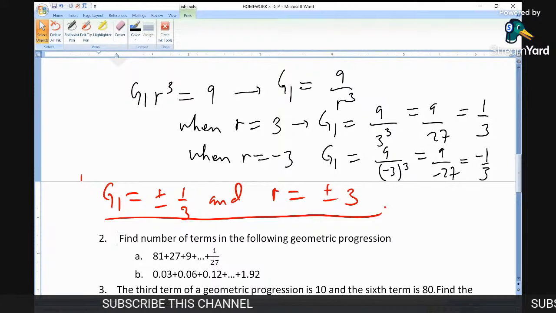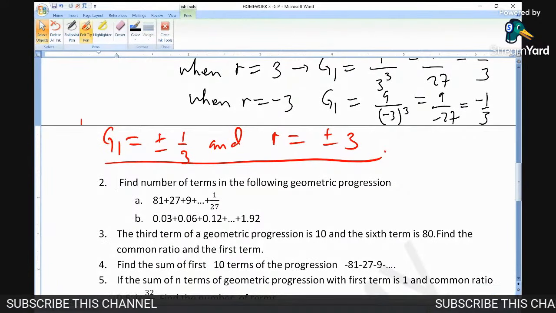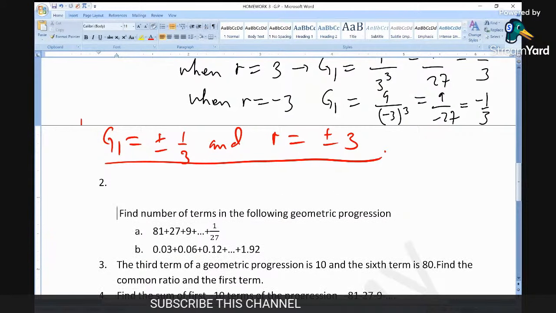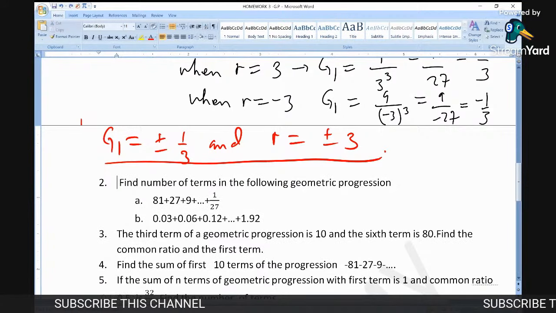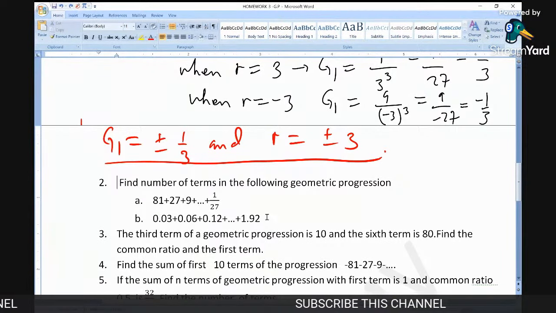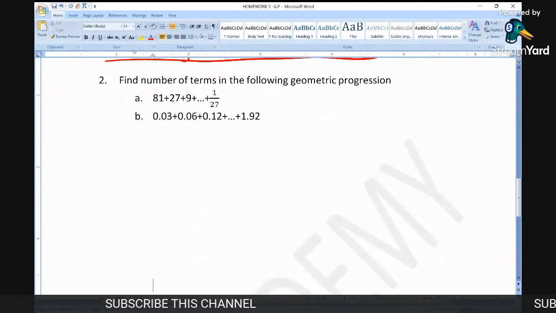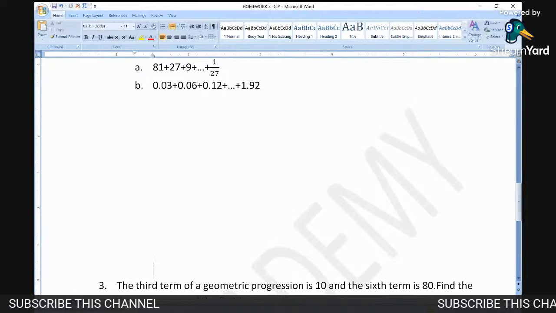We go straight to question number 2. In question number 2, we are supposed to find the number of terms in the following geometric progression.